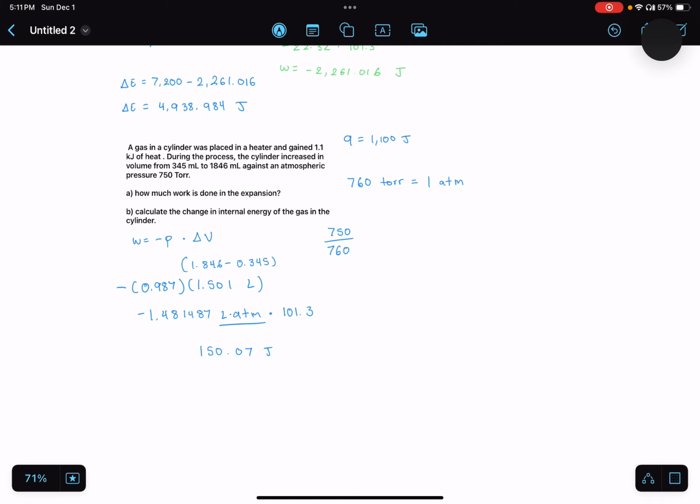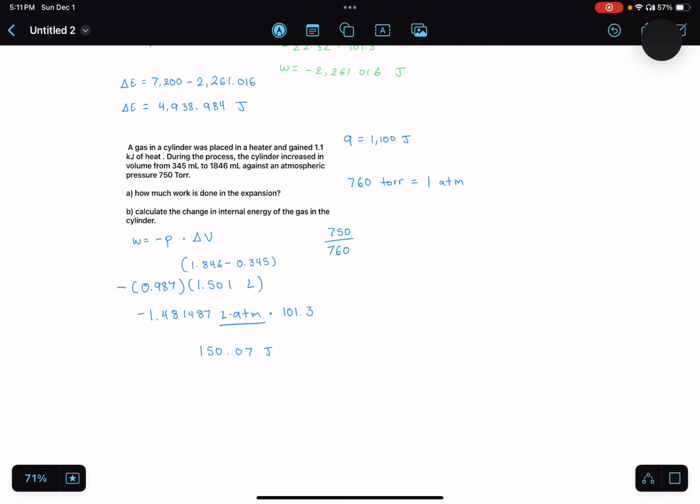Now they want us to calculate, on part B, the change in internal energy of the gas in the cylinder. They give us the heat, 1,100 joules, minus our 150.07 joules of work.